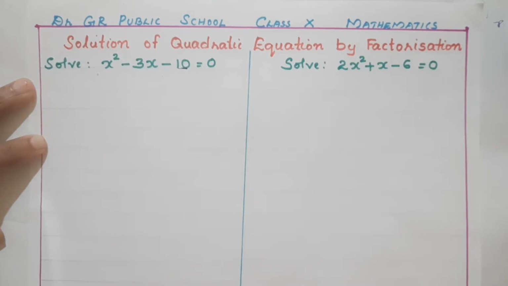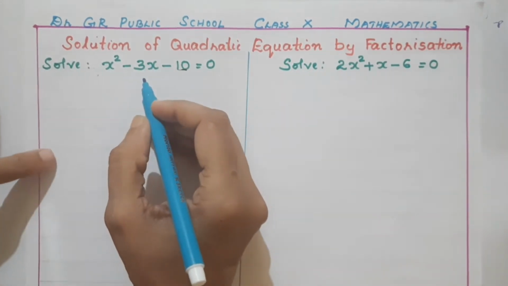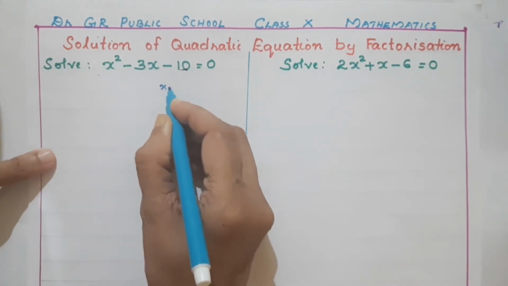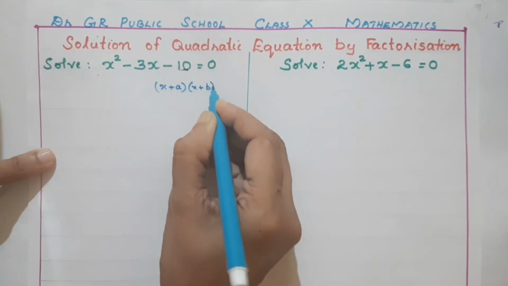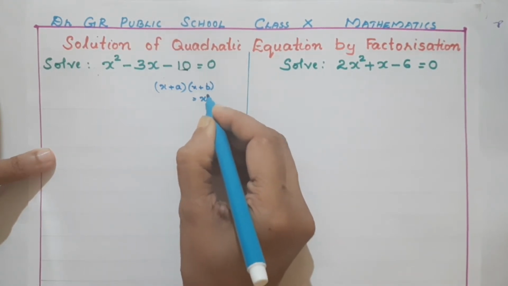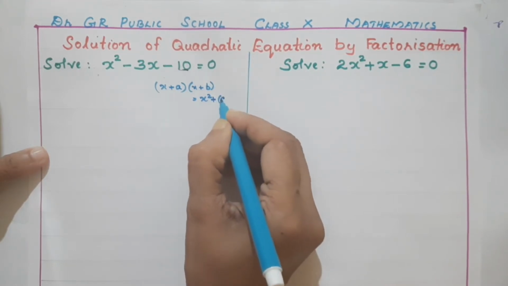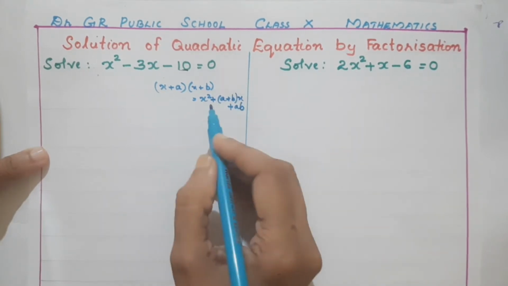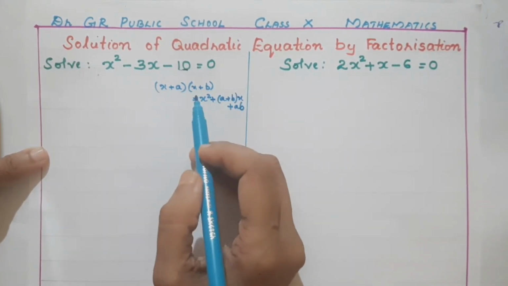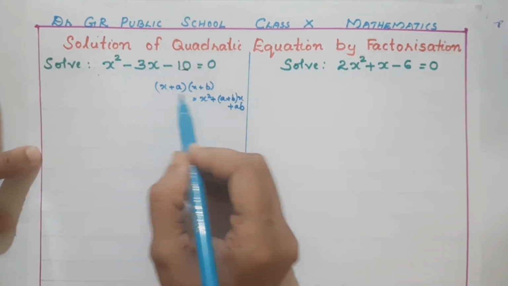Which was the fourth identity that you studied? X plus a into x plus b is equal to x square plus a plus b into x plus ab. This we can apply in most of the polynomials, isn't it? So what is this?